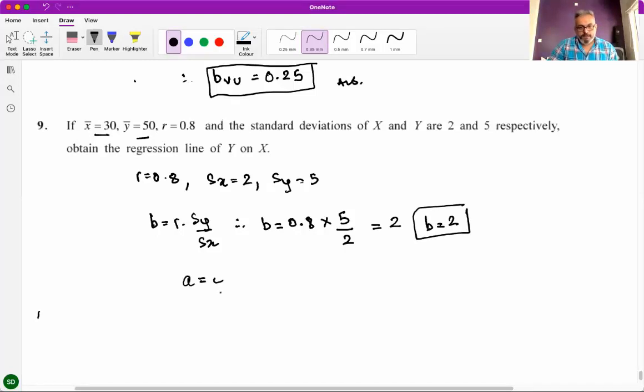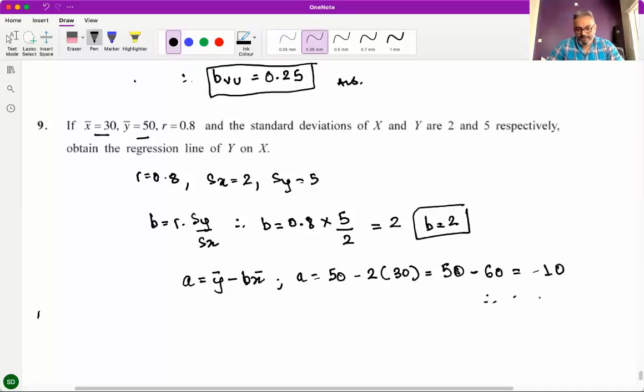a is equal to y bar minus b x bar. So a, which is the intercept, y bar is 50 minus b is 2 into x bar 30, which is equal to minus 10. So a is equal to minus 10.